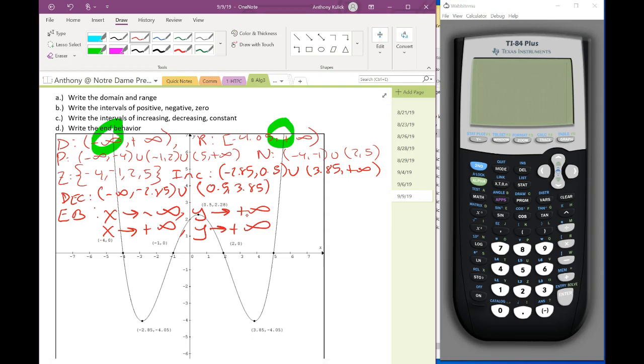So again, for the end behaviors, the left and right is described by the x, and the up and down is described by the y.